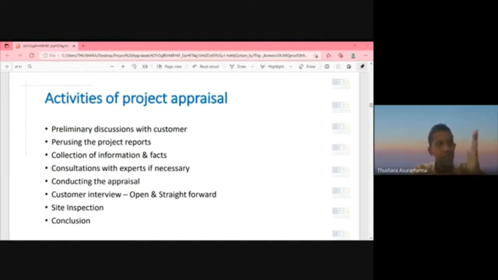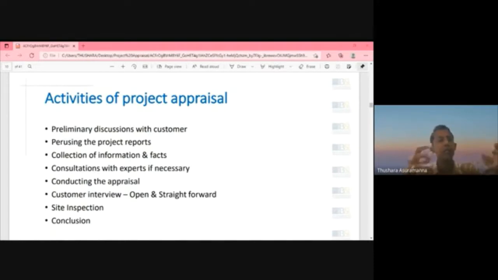At the start, halfway through, midway, later, and completion, several visits need to be undertaken in order to assess the project progress, project viability, and project status. Finally, it's a conclusion. This is the kind of activity we would carry out as an independent body, right?